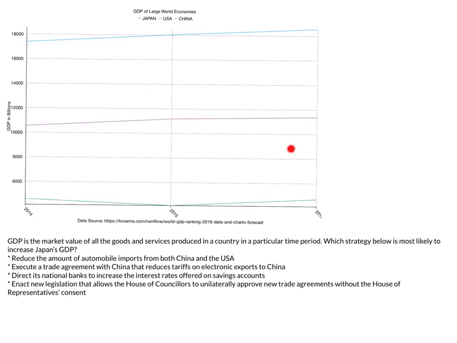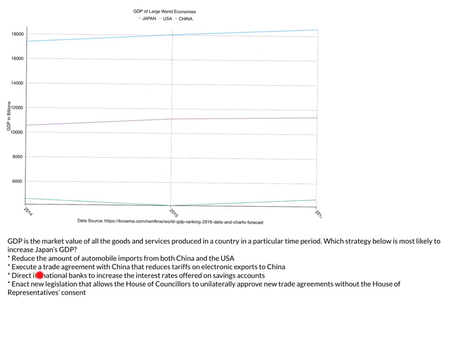They make quite a few cars. This doesn't show us anything about England or France. So they still would potentially be receiving automobiles. And GDP is really about what you produce and what you serve in your economy. So simply reducing imports is not going to necessarily increase your GDP. And again, we're looking at which strategy below is most likely.